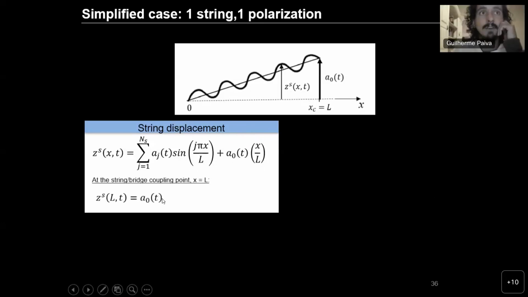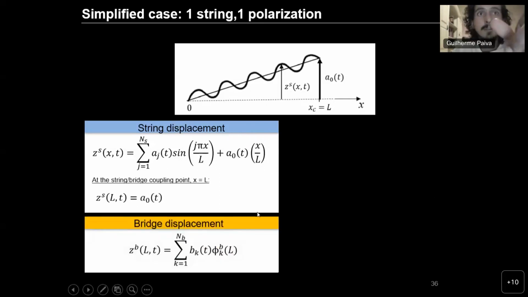If we consider x equal L, we have ZS, the displacement of the string at the coupling point, equal A0. And the bridge displacement, I mean the body displacement, is the sum of their modes, the superposition of their modes.